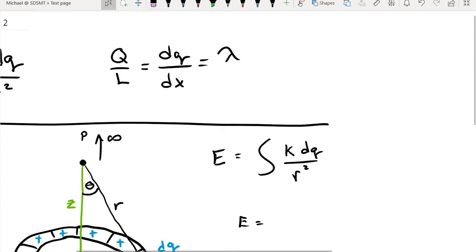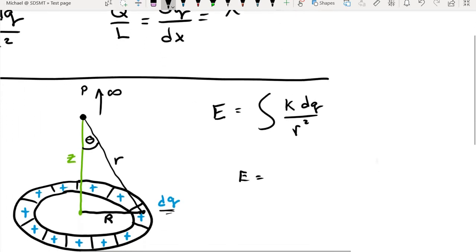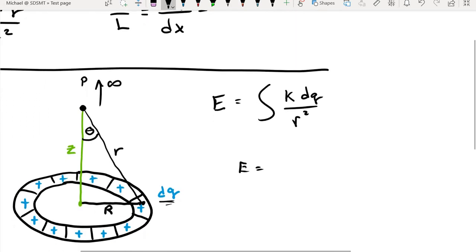Except we do have something like that. It's right here. In the previous derivation, we used lambda to tell us how the charge was spread out over the line of charge. But now we've just taken that line and we've wrapped it around into a circle.